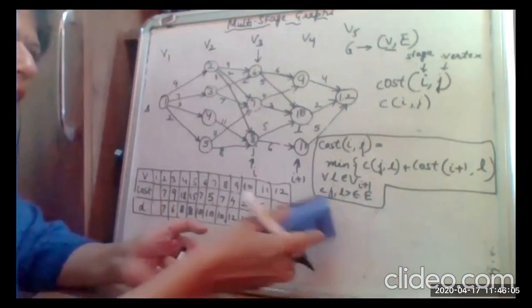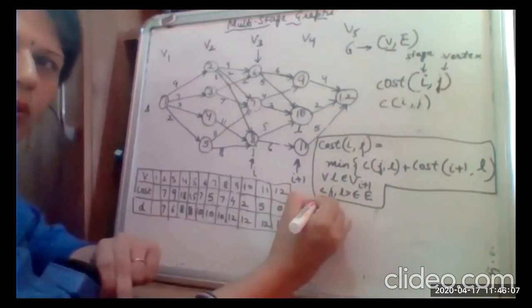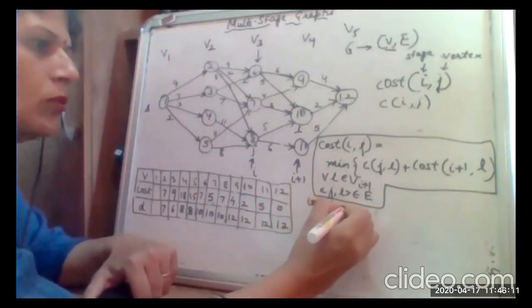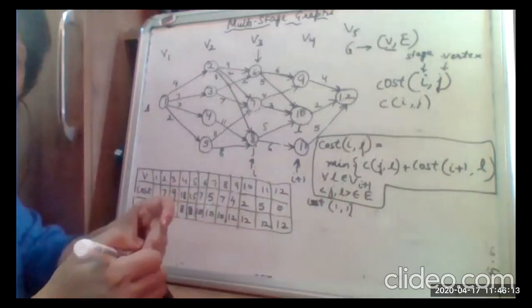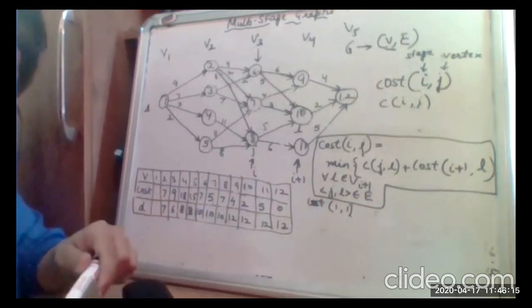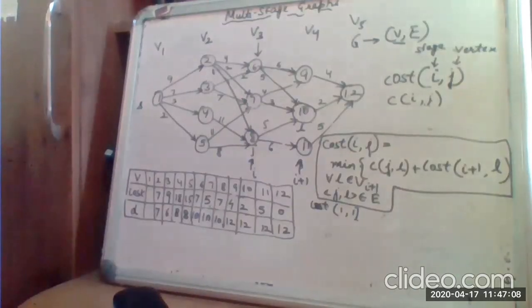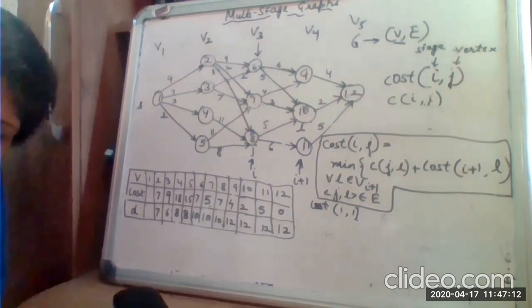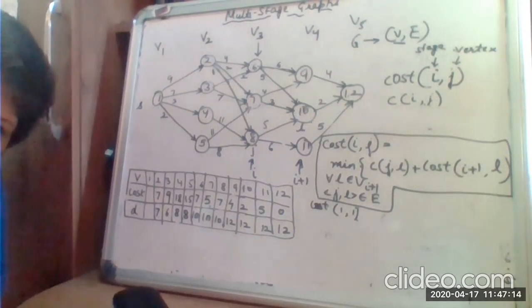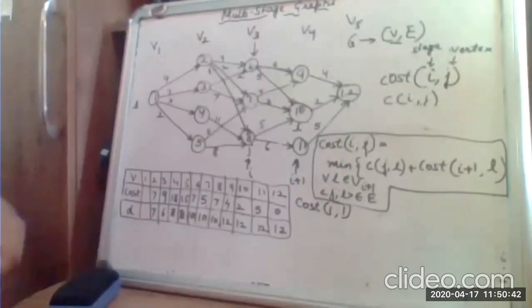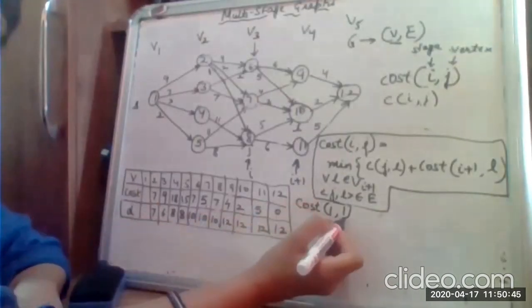Now coming to the last one, that is cost of 1 to 1. The last one that is left for us is cost of 1 to 1.